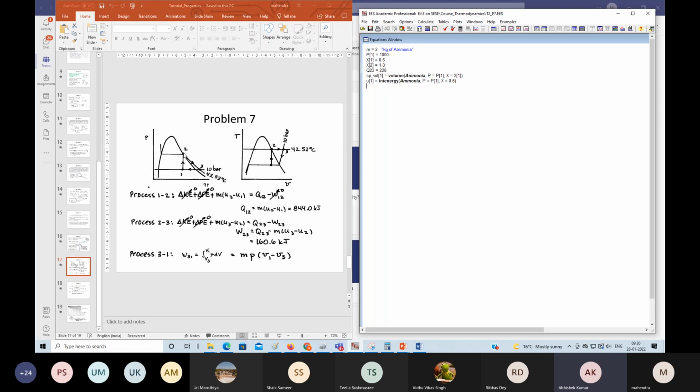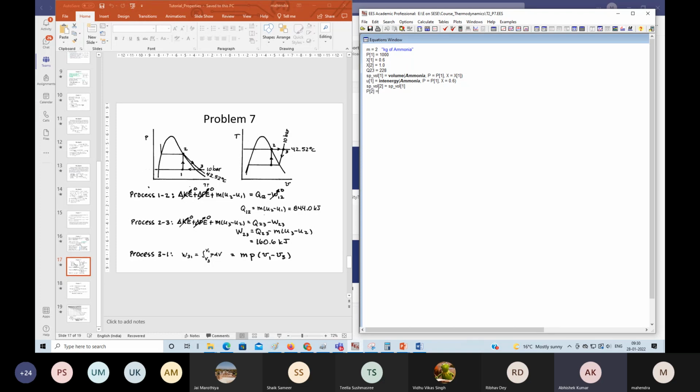Specific volume 1 equal to specific volume 2. So we are equalizing specific volume 1 equal to specific volume 2. Okay, then this part is over. Then what are we doing over here? We are calculating P2.